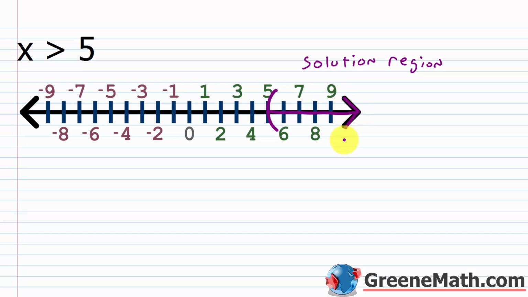Now, you also need to think about interval notation. And it basically follows the same concept as we just looked at with graphing. So you're going to think about your smallest value, and you're going to think about your largest value. And you're going to separate them with a comma.